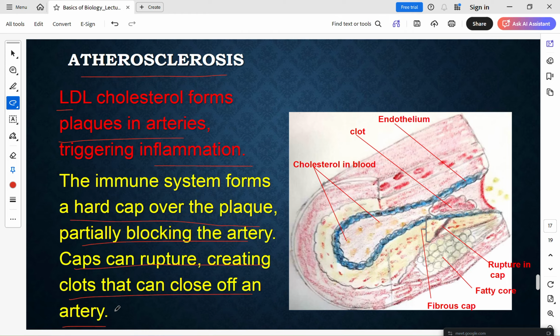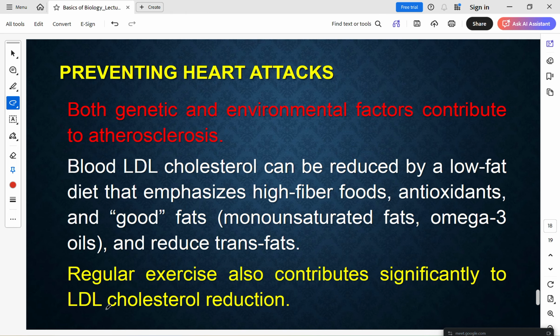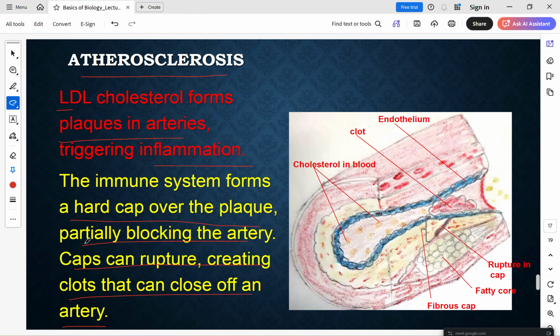The second is, because there is constant blood flow, in case the caps get ruptured, then it can form clots. These clots can then go and lodge at different places within the artery, and this might create blockages. These blockages can finally also result in heart attacks.